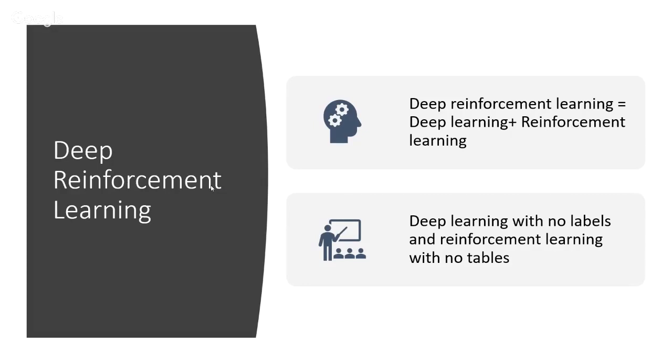Now, hopefully, that makes a bit of sense. Pretty much, if you want to break it down to some simple ideas, deep reinforcement learning equals deep learning plus reinforcement learning. It's deep learning with no labels, and it's reinforcement learning with no tables. So you can see that it gives us a huge opportunity to achieve incredible results, and that's what we've seen.